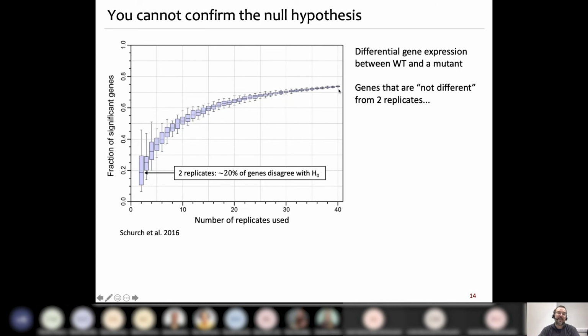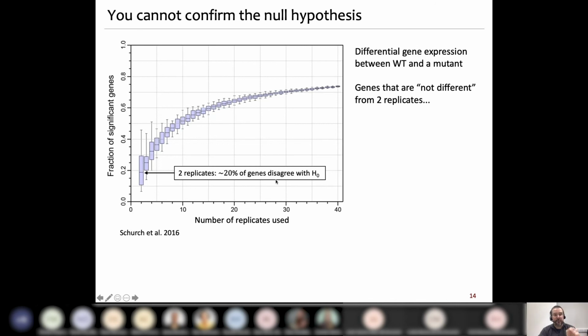Instead of the full 40 replicates, we can use, for example, two. Randomly select two replicates from each condition, repeat this many times, and find how many significantly changing genes this software discovered. And as you can see, we typically discover about 20% of genes.